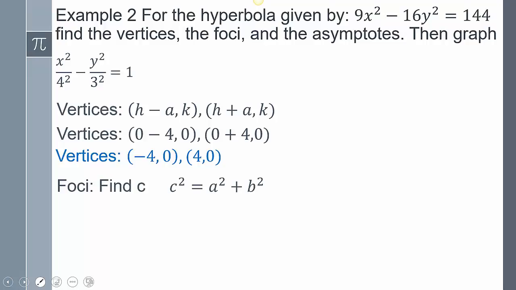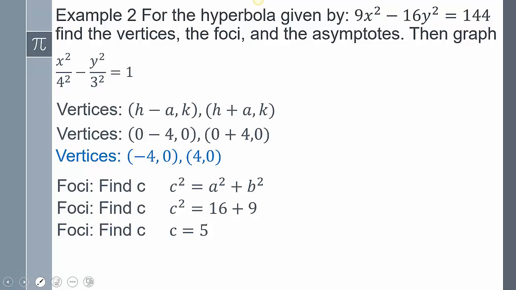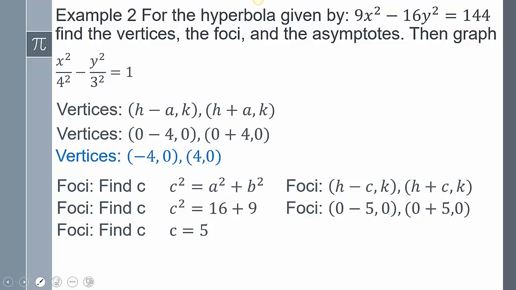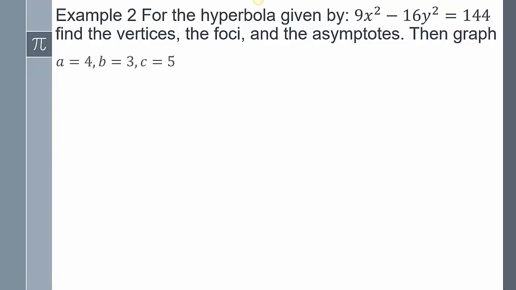To find the foci, I have to find what c is, so I plug in a squared and b squared, 16 plus 9, and so my c is going to be 5. Plugging c, k, and h into my foci equations, h is 0, c is 5, k is 0, you're going to get the foci to be (-5, 0) and (5, 0).